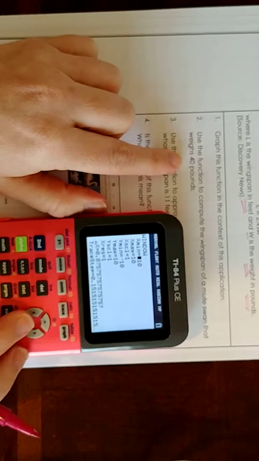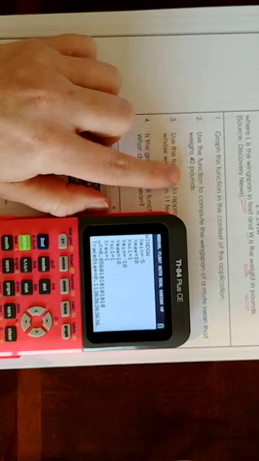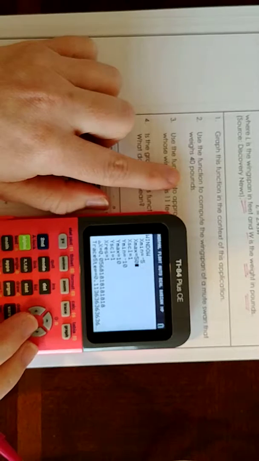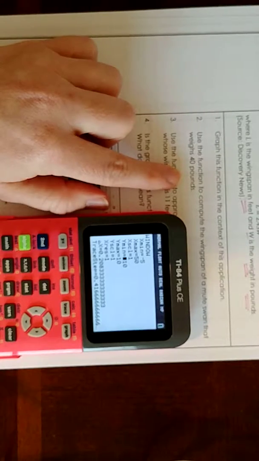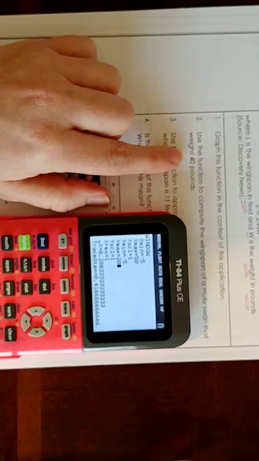I want to compute the wingspan of a mute swan that's about 40 pounds. Well, I'm definitely going to need to adjust my window to say, let's say my x min is -5. My x max needs to be greater than 40. All right, let's let it be 50. Okay, and my y min, let's let that be -5, and my y max, let's let that be 20.